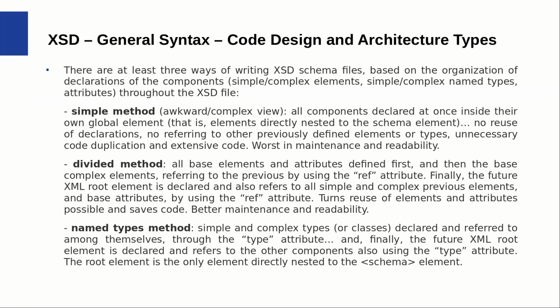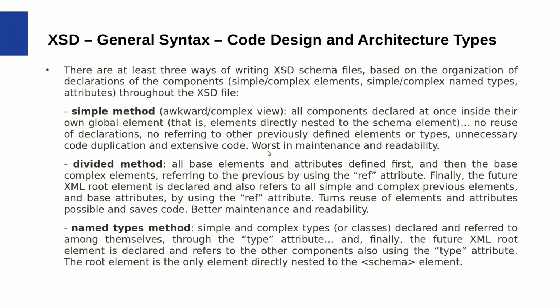And also the code gains a lot of code duplication, as you can't reuse the elements or types, as well as the code gets too extensive compared to the other methods.